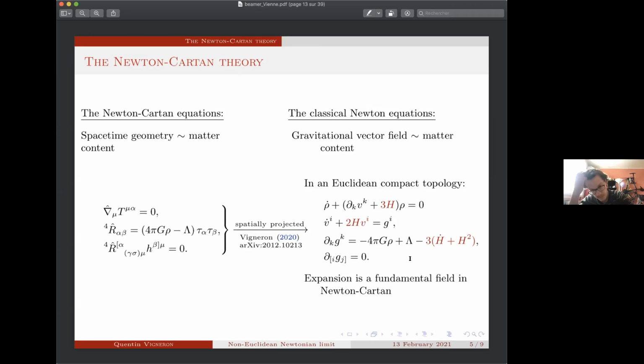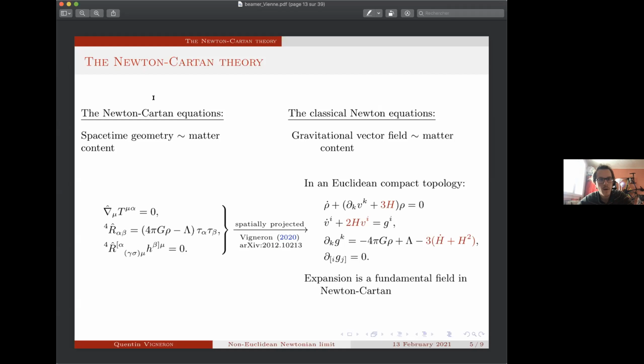This variable is a fundamental field appearing in Newton-Cartan. And as the non-Euclidean Newton theory will be a sort of generalization of this Newton-Cartan theory for non-Euclidean topologies, it will feature this expansion rate, which threatens the approach as we will want to apply this theory, as I said, for cosmological models.